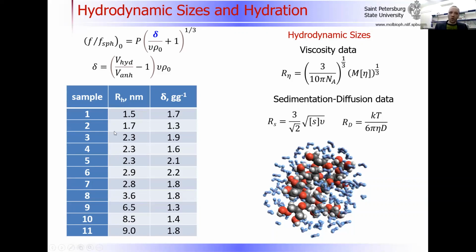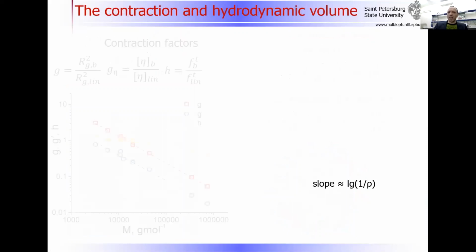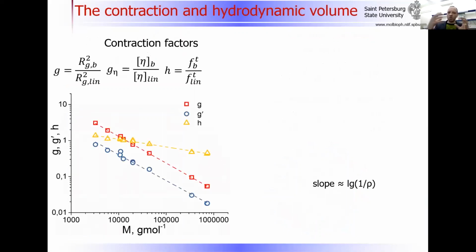And if you look at the hydrodynamic sizes here as well, you see that the highest size we achieved is 9 nanometers, but this 9 nanometers has a molar mass of around 1 million. This brings us to the contraction effects in comparison to the linear macromolecules, right?